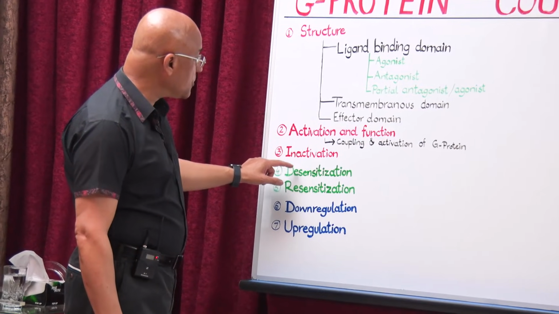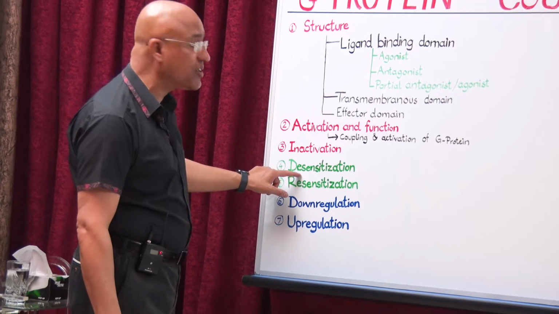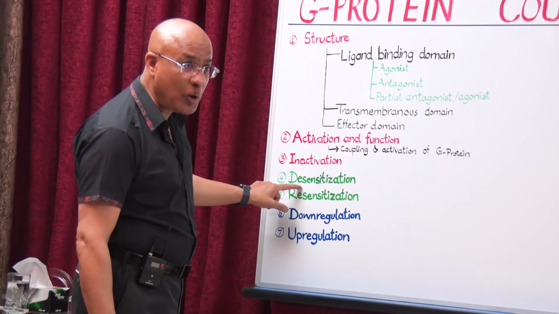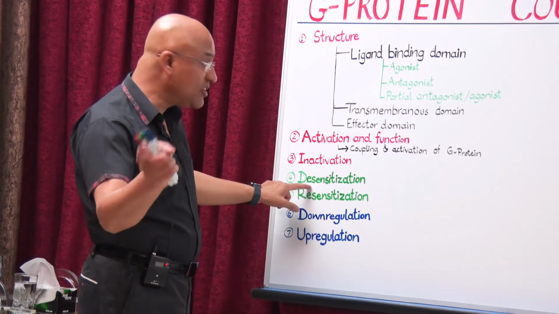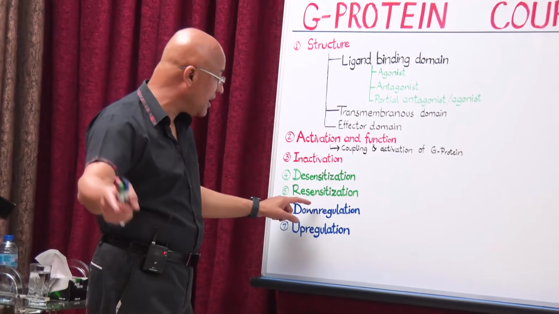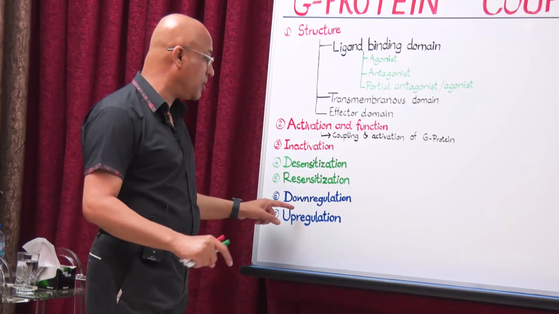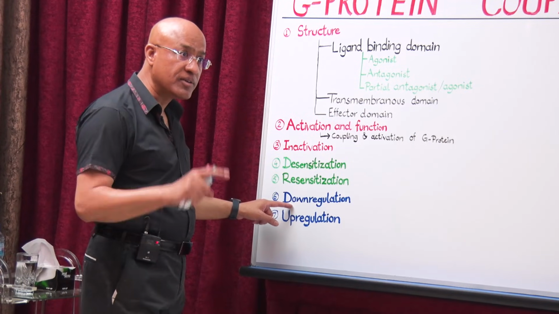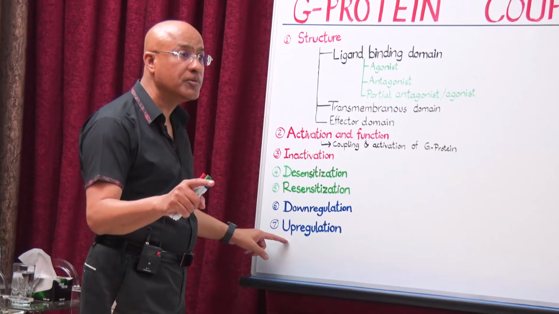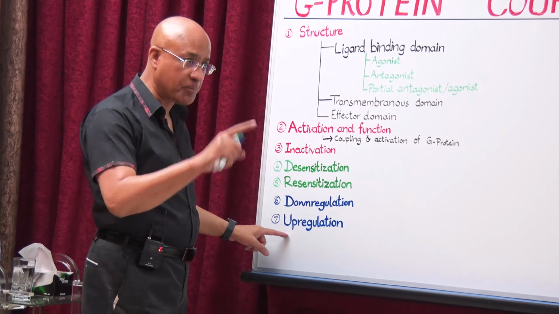And what is the difference between inactivation of receptor and desensitization, and how receptors undergo desensitization and how receptors can be resensitized. And then we will talk about down regulation of 7-pass receptors and up regulation of 7-pass receptors.